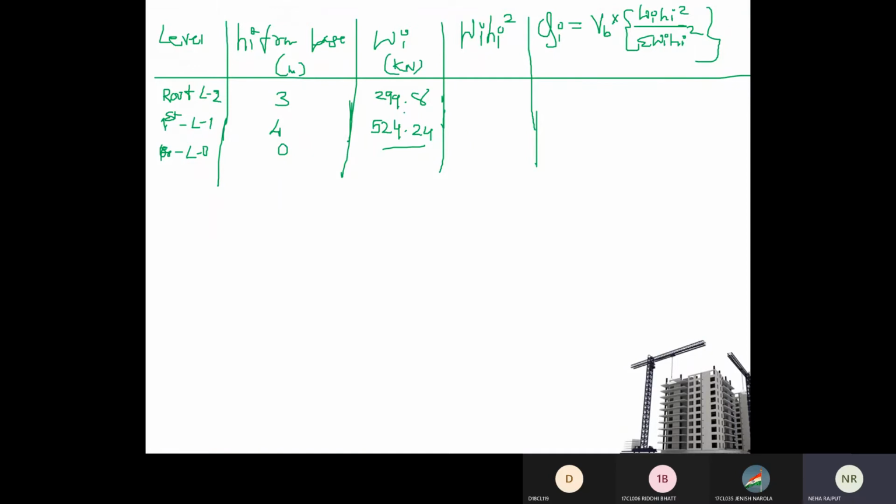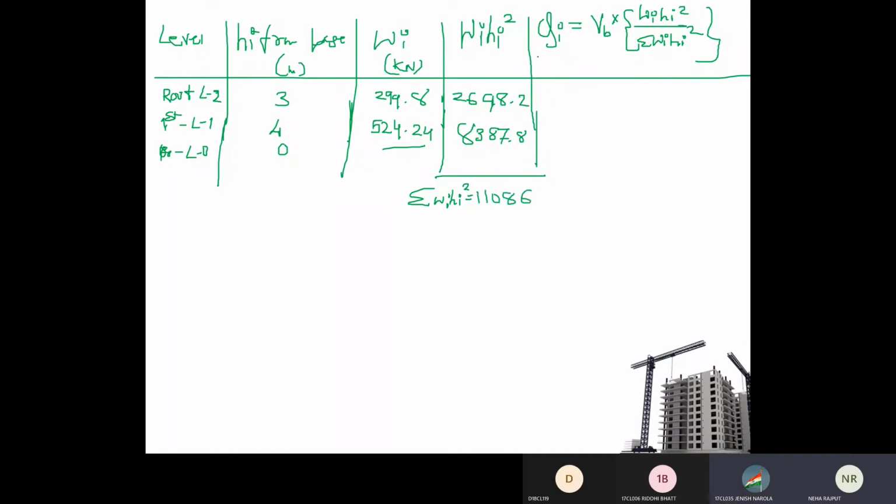Now quickly find out this Wi into hi square. 2698.2 and 8387.8. Do the summation of this term. It comes to 11086.04.